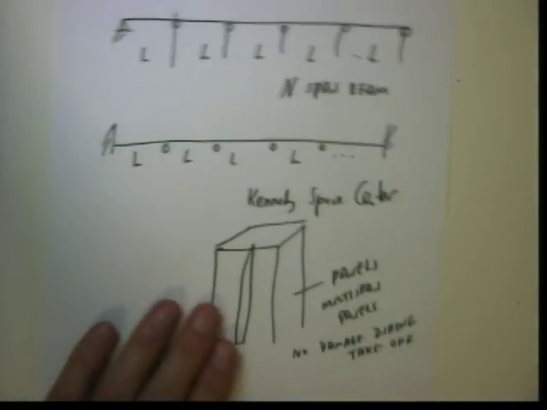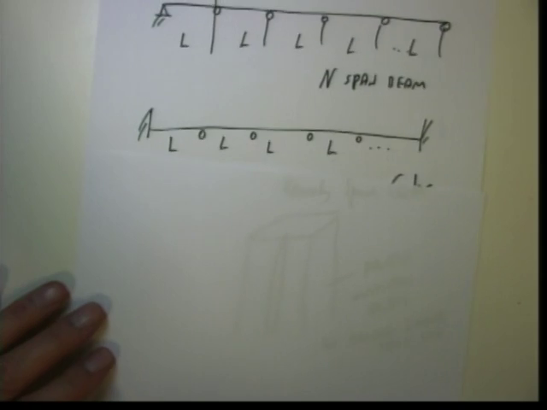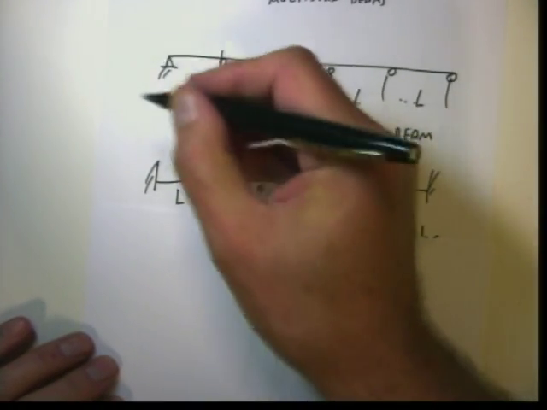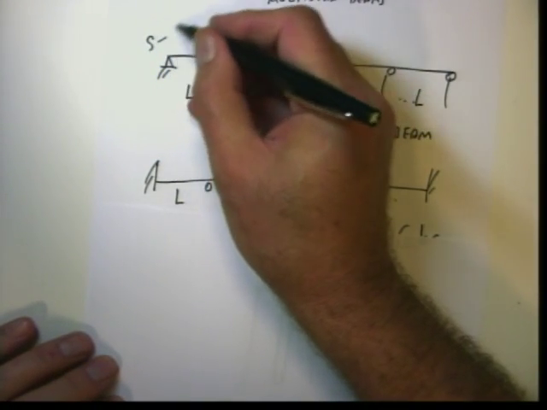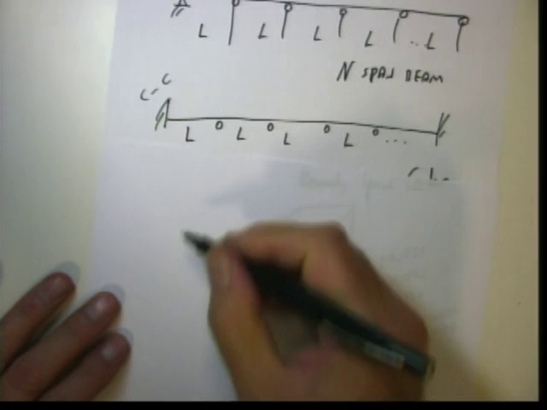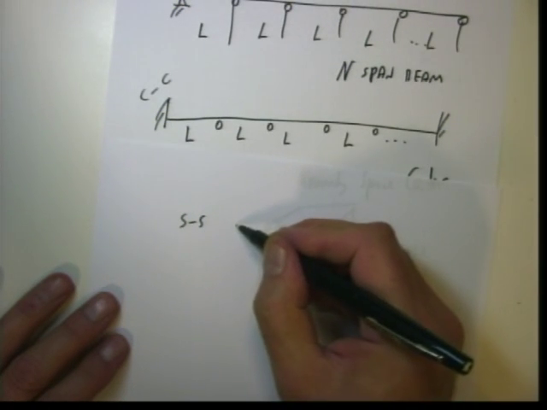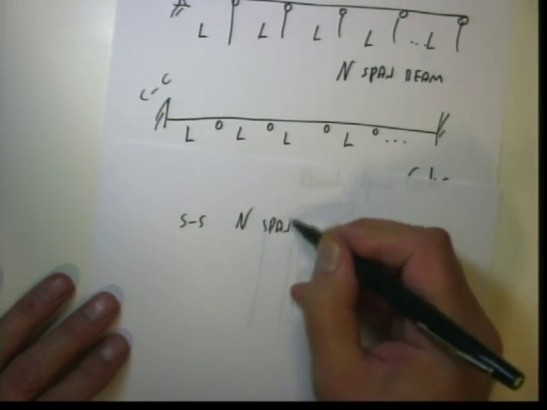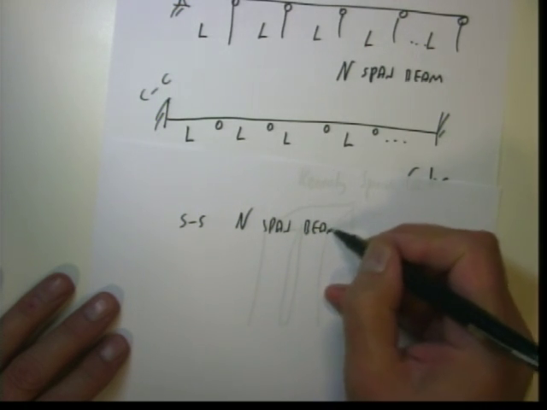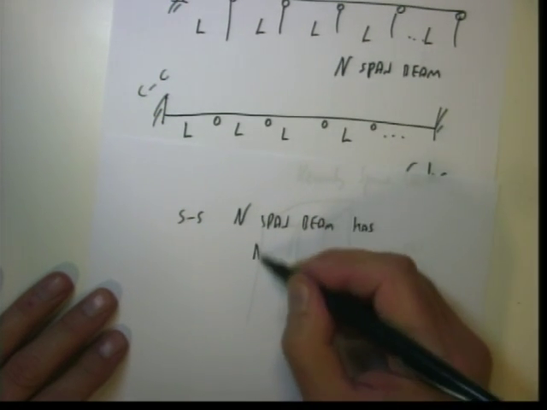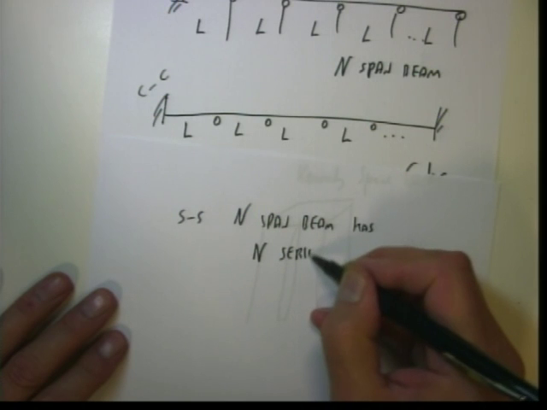And what happens here is very interesting. First of all, here, this is called simply supported, and that is clamped. A simply supported N-span beam has N series of frequencies.